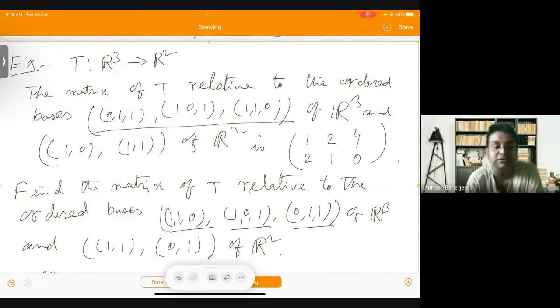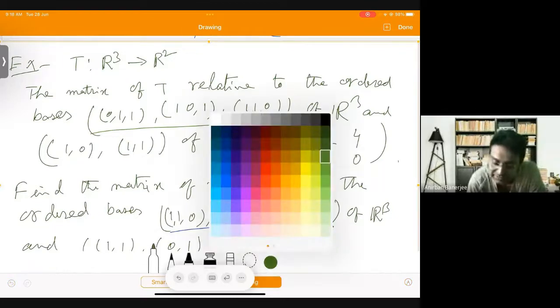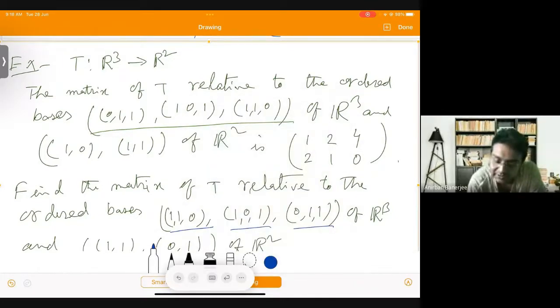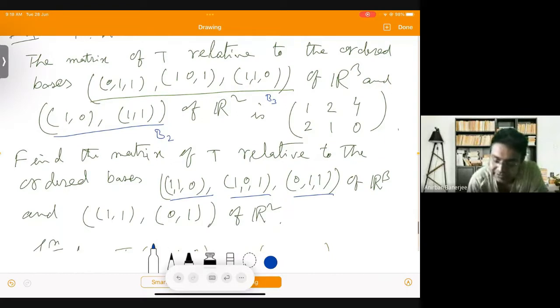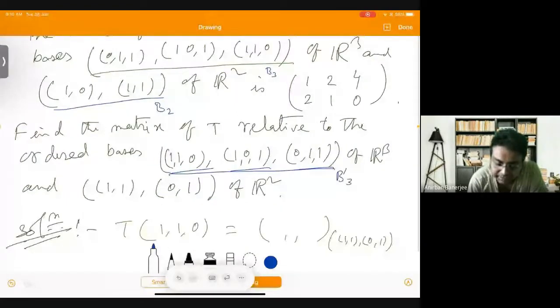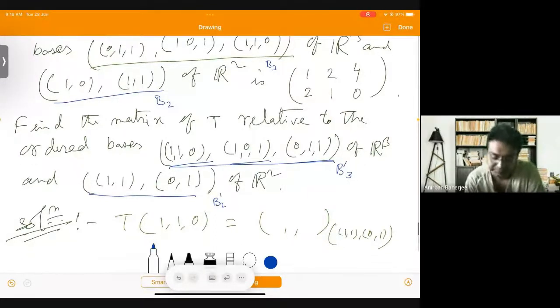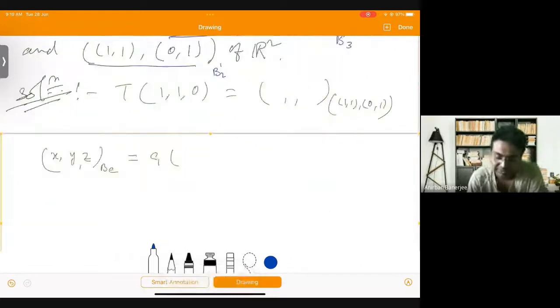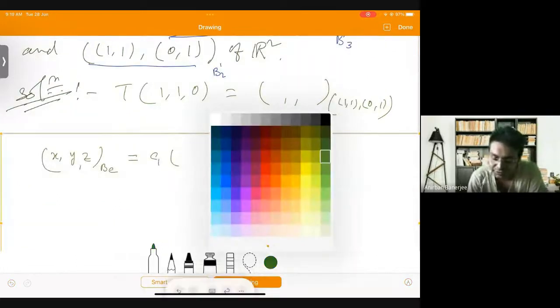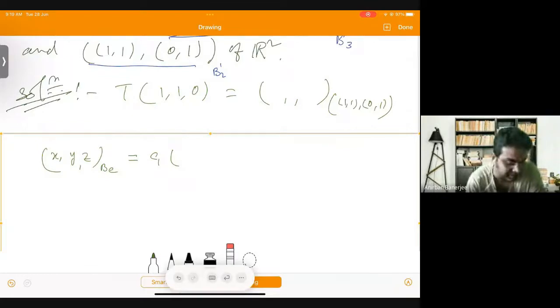Let's give names to these: let's say this basis B3, this basis B2, this basis B3 prime and this basis B2 prime.